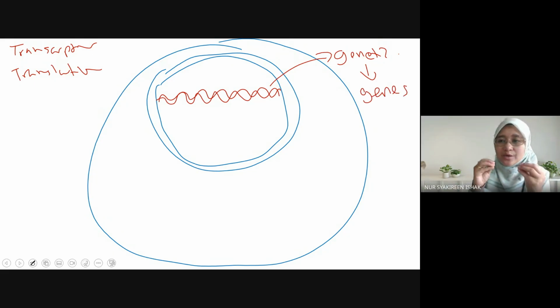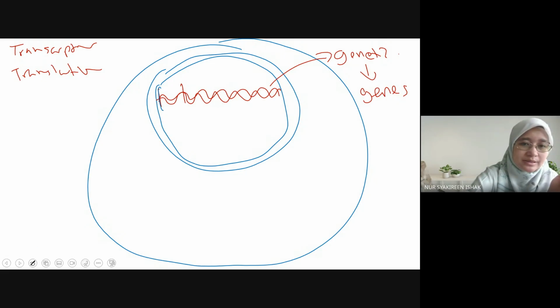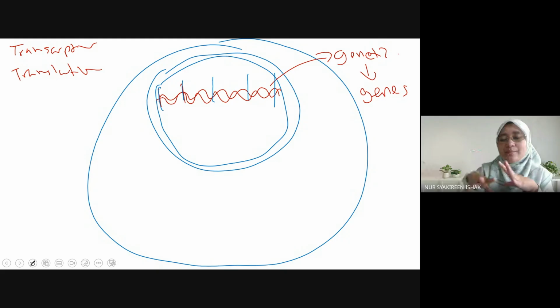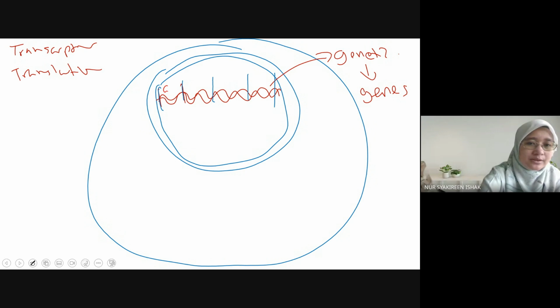In your DNA there are many genes. So for example, this is the region for the first gene, second gene, third gene, fourth gene. There are so many different genes: gene 1, gene 2, gene 3, gene 4.